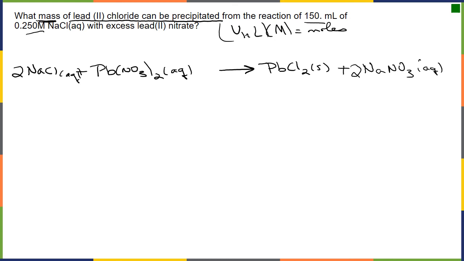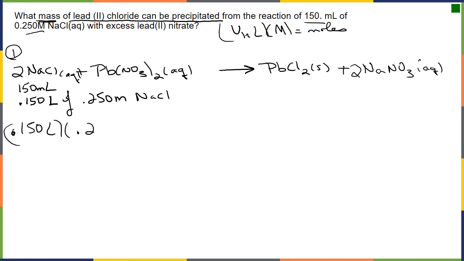We have over here 150 mL. We know that's 0.150 liters. Remember, divide by 1,000, of 0.250 molar of our sodium chloride. So step 1, balance. Step 2, moles of what we have. So if I want moles of this, I'm going to take 0.150 liters multiplied by 0.250 molar of sodium chloride, and I'm going to get the number of moles of this as 0.0375 mole of NaCl.